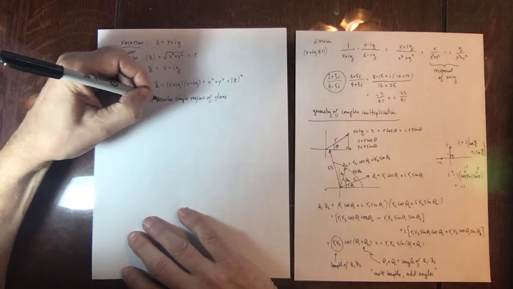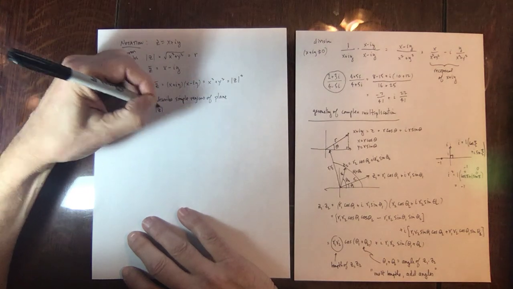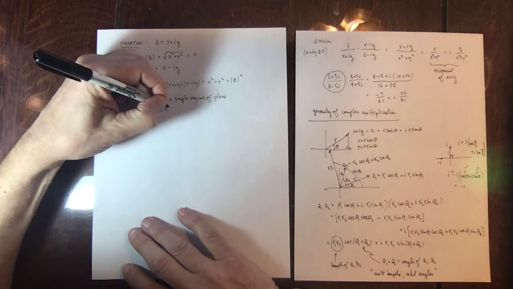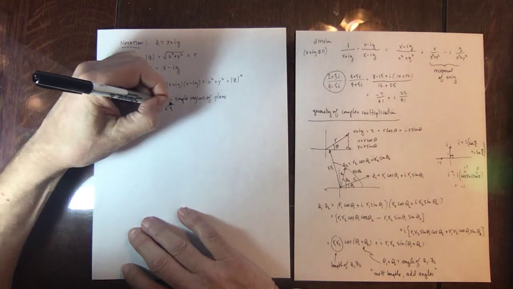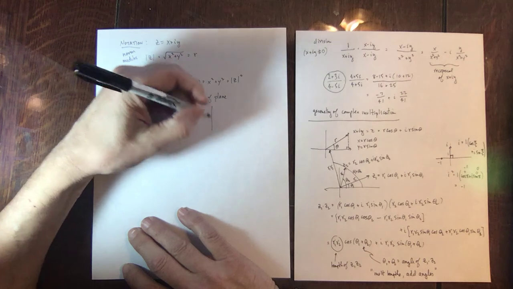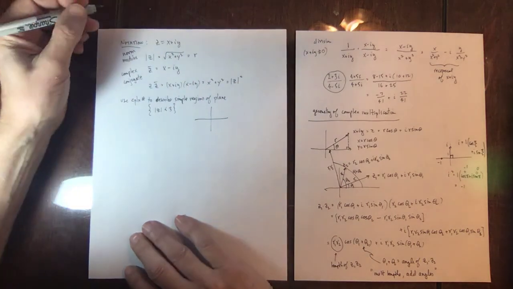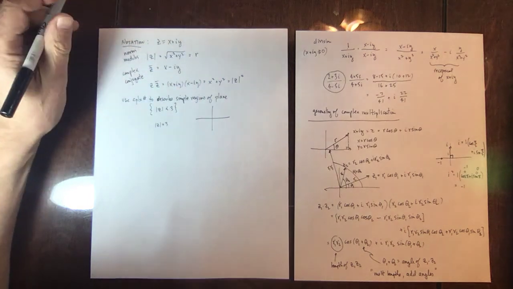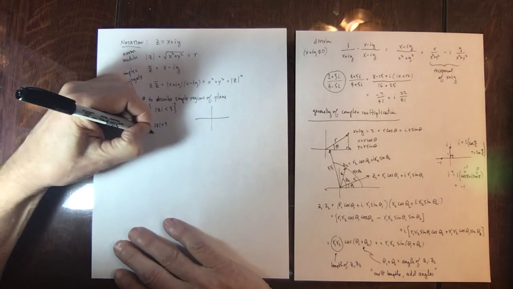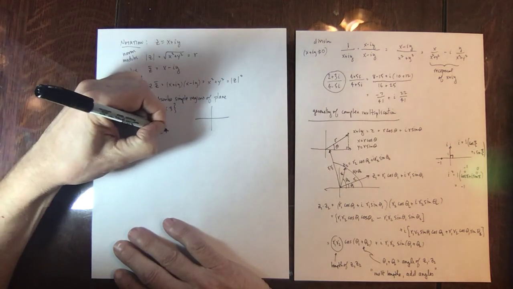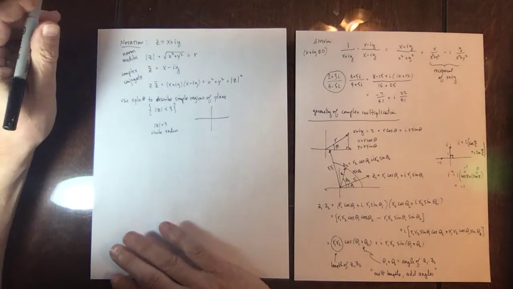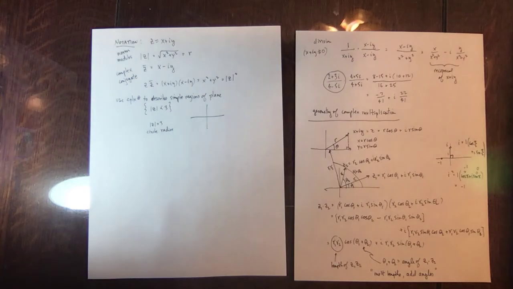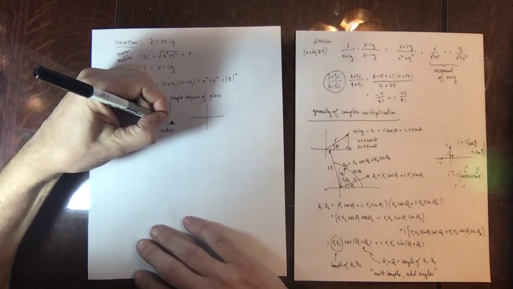So for instance, I want to look at the set where the absolute value of z is less than 3. What if the absolute value of z equals 3? This corresponds to a circle of radius 3.